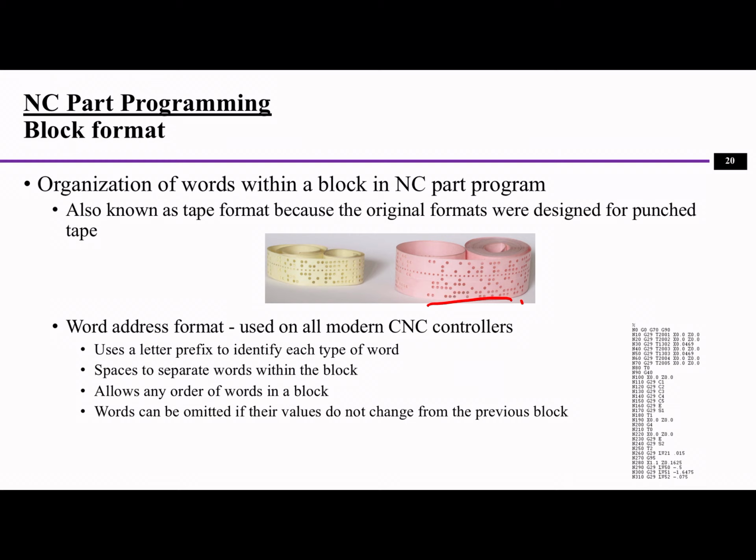Then later, people created computer numerical controls, using numbers. So we're now using numbered codes or letters to describe the program of instruction. You can see there are letters and also numbers.